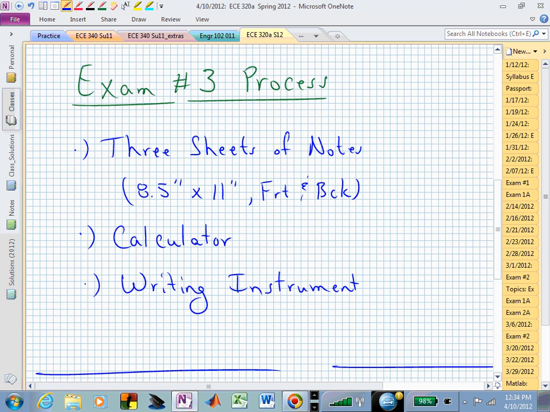Frequency selective circuits, so the question was, what about frequency selective circuits? Yes, those could be in terms of finding the transfer function. It's not really designing frequency selective circuits. But homework 8 material is okay for concepts and content for exam number 3.